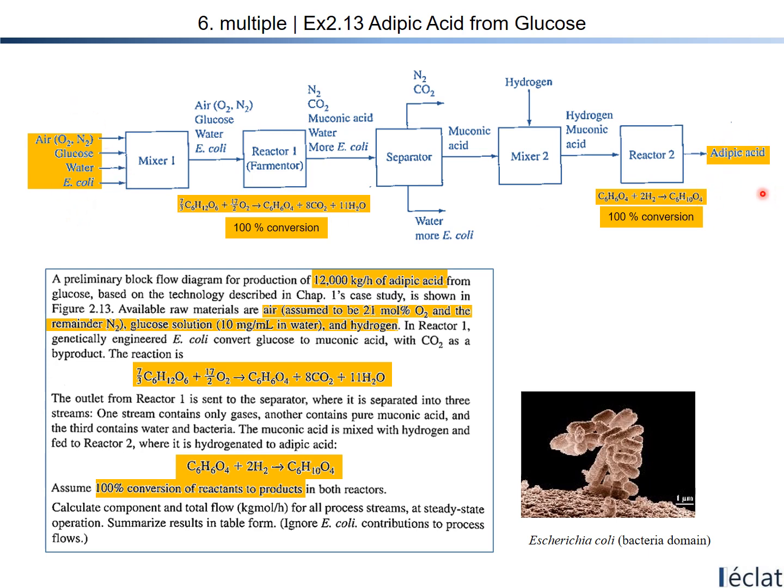But in this case, we cannot calculate the variables between the units. For example, here's the muconic acid between the separator and mixer 2. When we take the whole process as one single system, we cannot calculate the variable of muconic acid between the separator and mixer 2. So in that case, you should take each unit as the system.